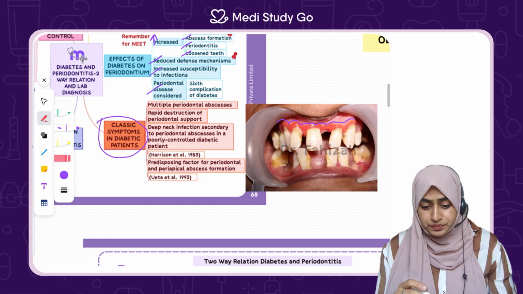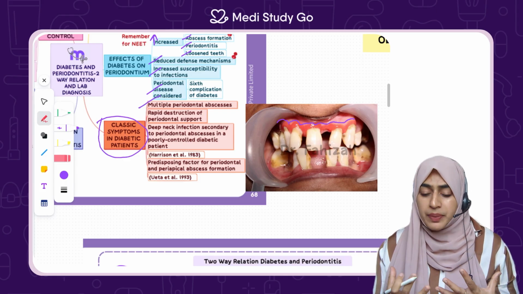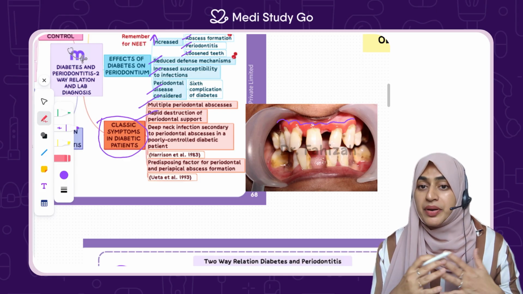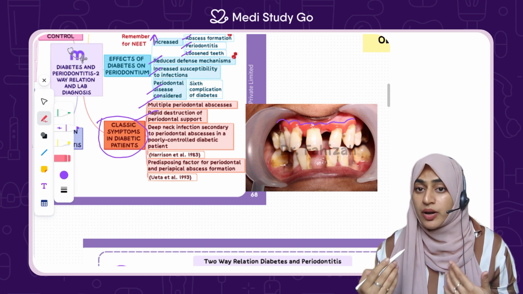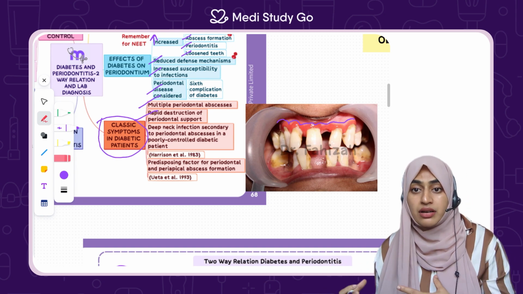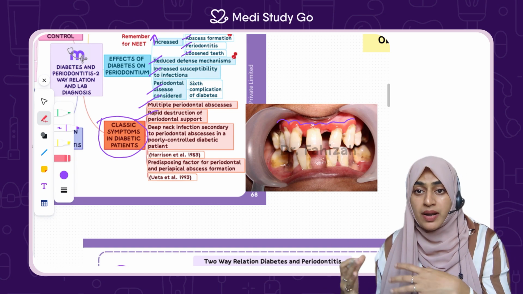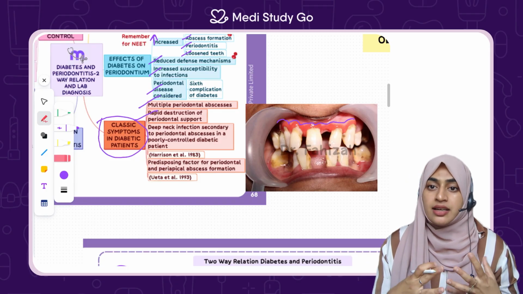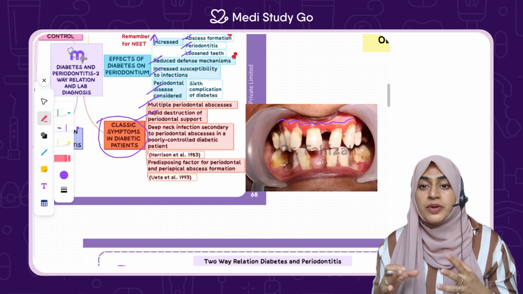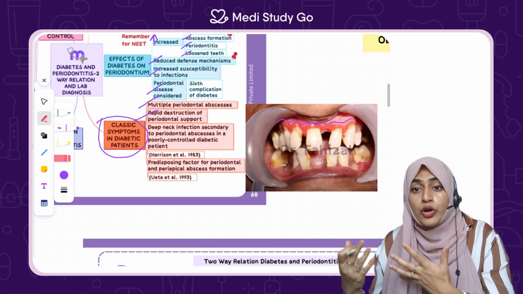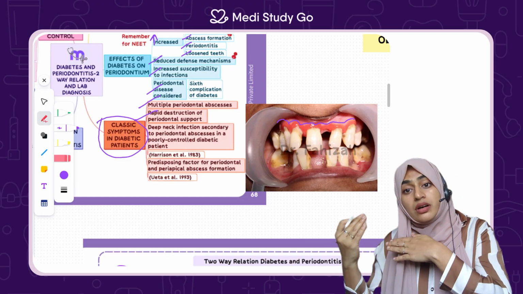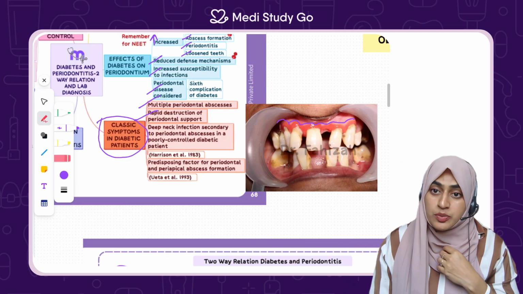Okay, so you can have multiple periodontal abscesses, rapid destruction of the bone support. We spoke about the osteogenic, how it affects the osteoblast, how it affects the osteoclastic, how it affects the RANKL and OPG, where there is more periodontal bone resorption than bone formation happening.